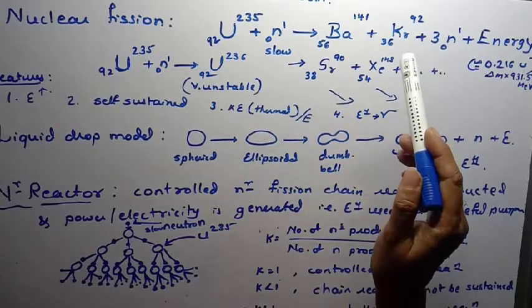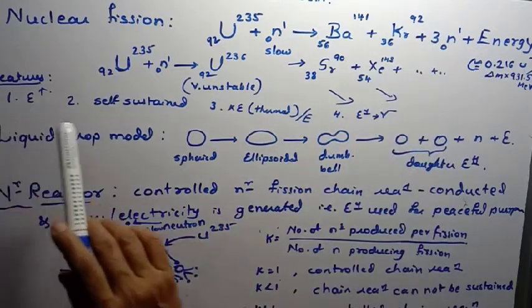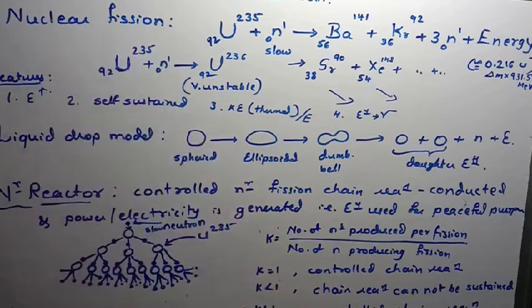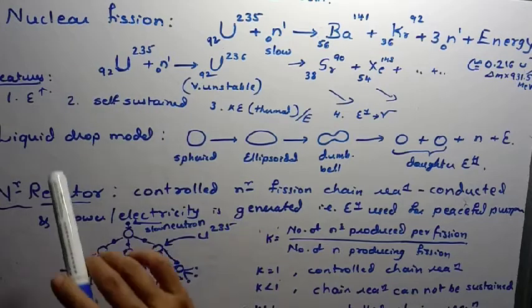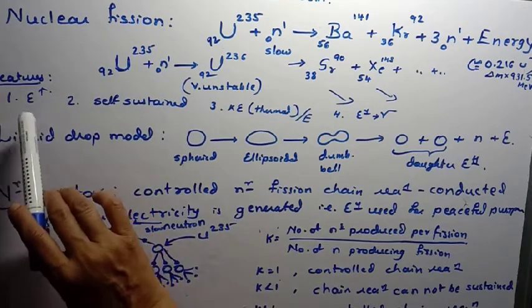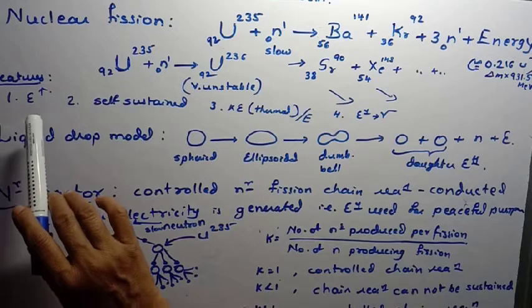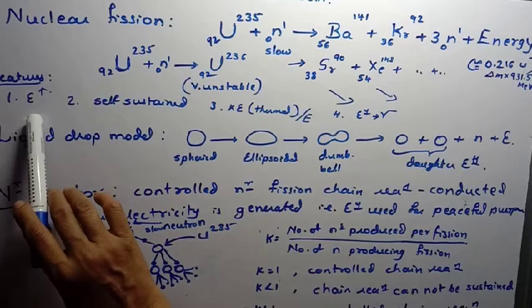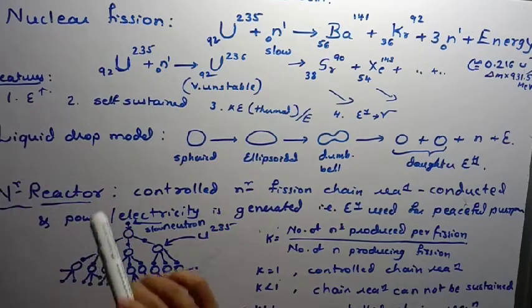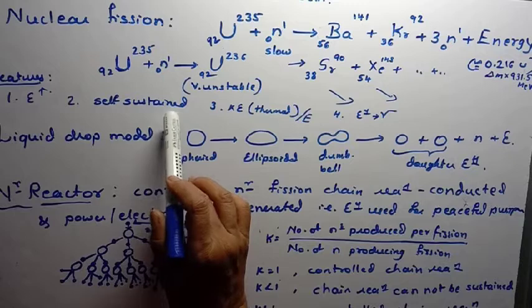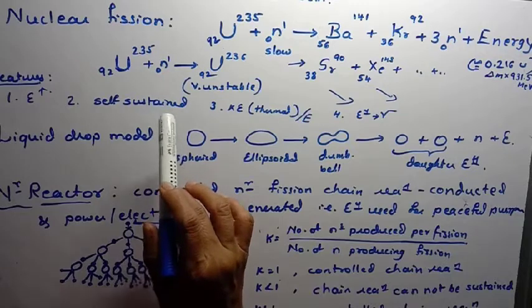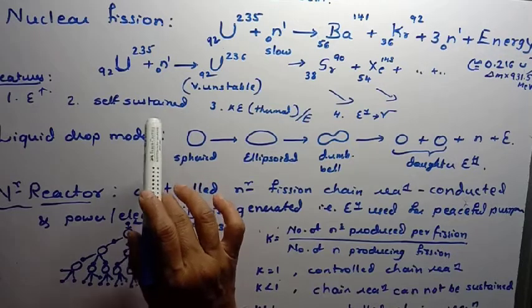So with this we'll move on to the features, that means outlines of nuclear fission reaction. The first one we can see, in any nuclear fission reaction, a huge amount of energy is liberated. In the second point, we can say the nuclear fission reaction is a self-sustained chain reaction.